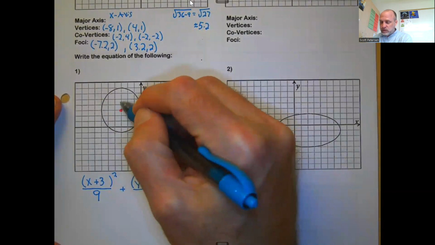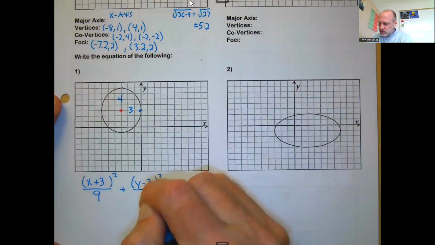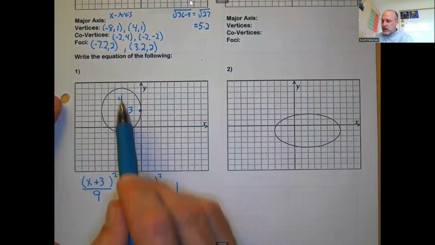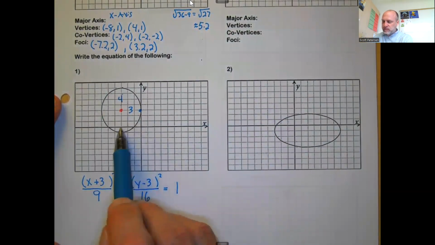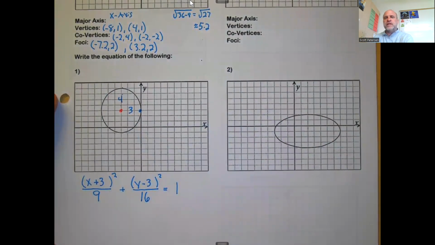We count 1, 2, 3, 4. We square it to get our 16 here. And that gives us our equation. So left and right is 3, up and down is 4. This 3 gives us to the left. This 3 moves us upwards. So this is graphing or writing the equation of our ellipse.